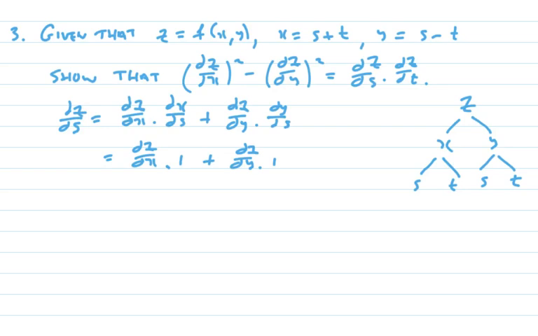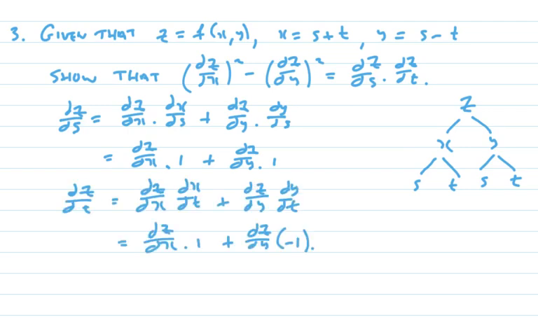We cannot compute dz dx nor dz dy, but we can compute dx ds, which is just 1, and dy ds, which is also just 1. We can now also calculate the partial derivative of z with respect to t.